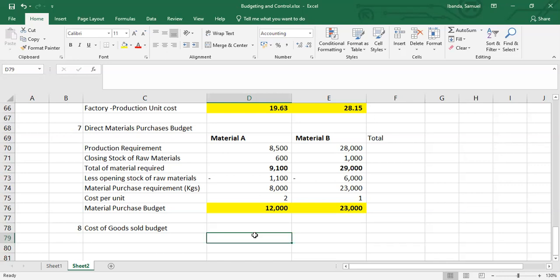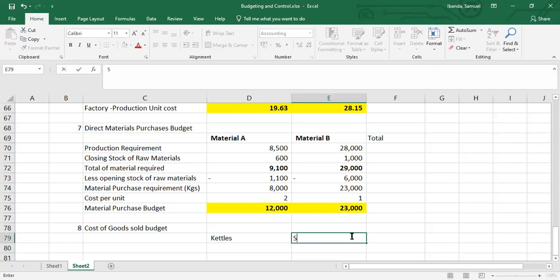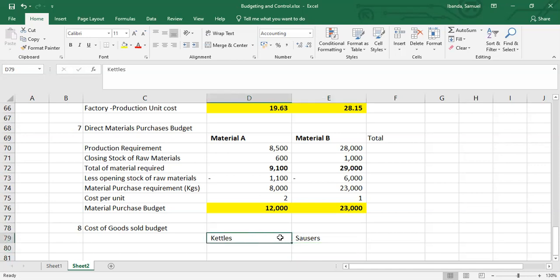Now, we have our two products. We have kettles, and then we have the saucers. Those are our two products. So we want to determine our cost of goods sold.